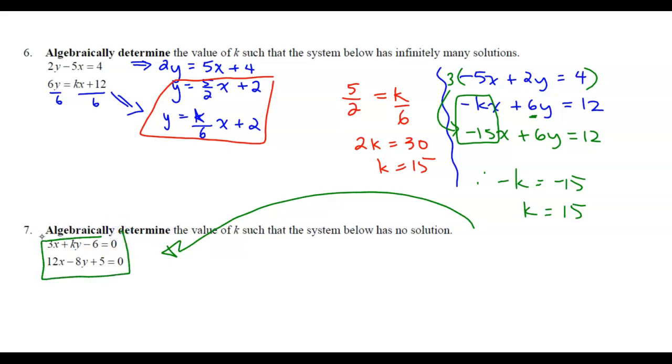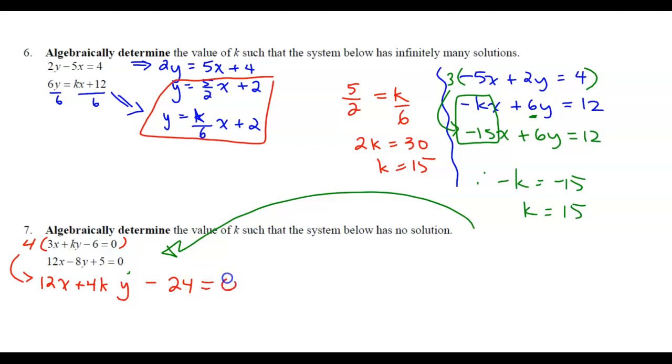This one, I would just multiply the first equation. Sorry, just a sec. I'd multiply the first equation by something to get the coefficient of x to be 12. So I would multiply by 4. So then that'd be 12x plus 4k y minus 24 equals 0.